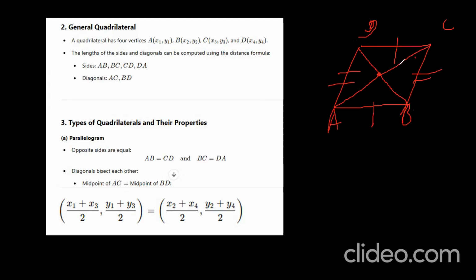If you write the midpoint of AC, it is ((x1 plus x3) by 2, (y1 plus y3) by 2), and the midpoint of BD is ((x2 plus x4) by 2, (y2 plus y4) by 2). Here (x1, y1), (x2, y2), (x3, y3), (x4, y4) are the coordinates of the four vertices of the quadrilateral. Got it?